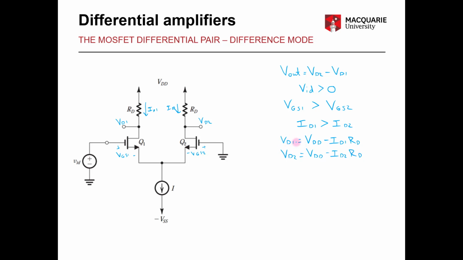By plugging these equations into our expression for Vout, we can see that Vout is going to equal minus ID2 RD plus ID1 RD. So it's quite simple from here to see that if our VID is more than 0, we have ID1 more than ID2. If ID1 is greater than ID2, then our output will be positive.